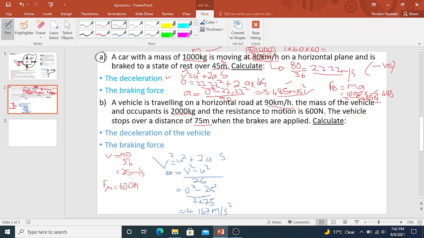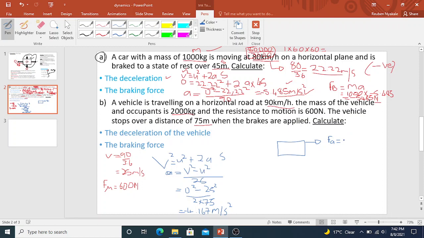Now, the second question is that they want us to calculate the braking force. Let's give you the schematic of the given information. We have the force applied. In this case, we will calculate it. The force applied is a reduced force as a result of the brakes being applied.